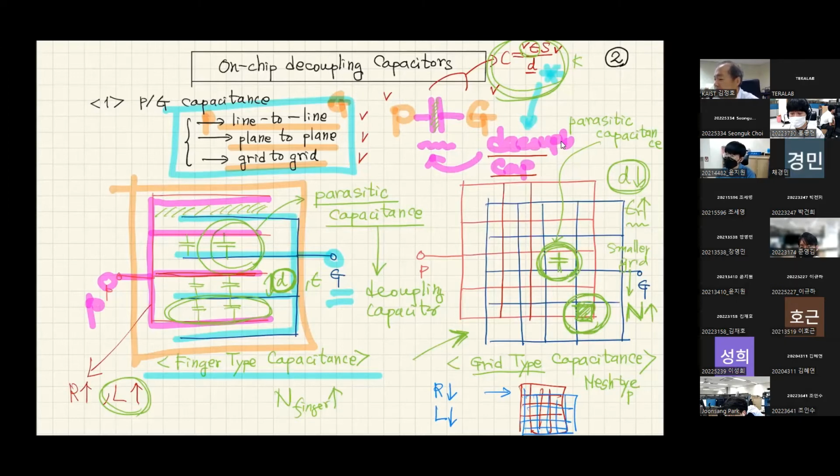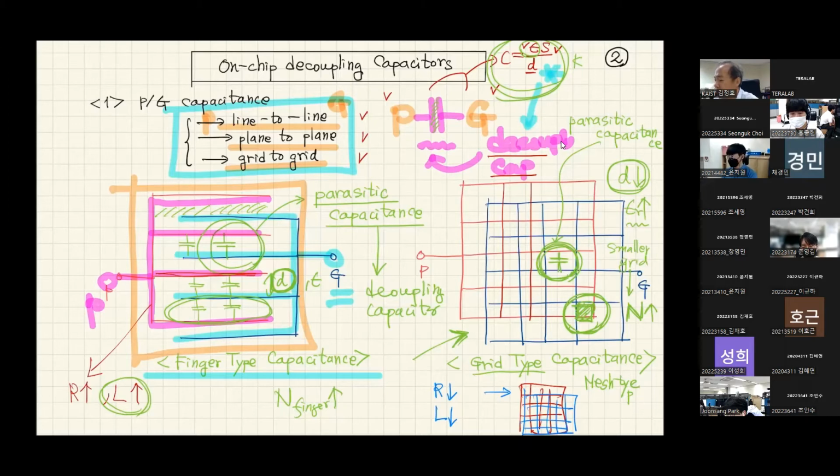The best case is to have power and ground metal cover the whole surface area, but there are certain design rules because of fabrication limitations. There is a certain percentage of power and ground metal that could be covering the surface of the chip.